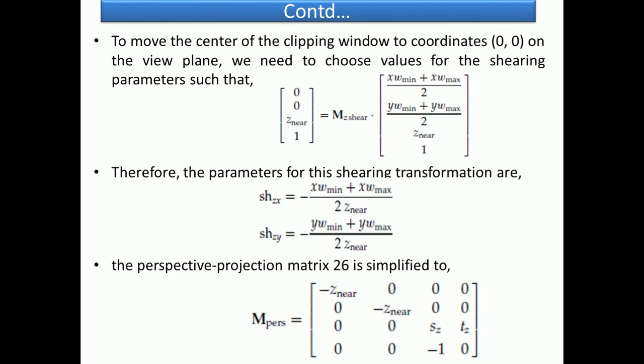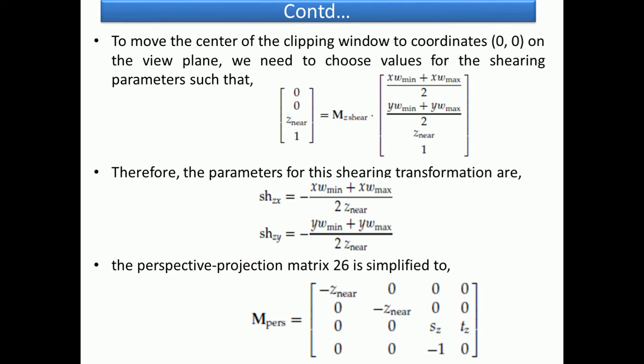And because we want to move the center of the clipping window to the coordinates 0, 0 on the view plane, we need to choose the values for the shearing parameters such that (0, 0, znear, 1) equals Mzshear times ((xwmin plus xwmax)/2, (ywmin plus ywmax)/2, znear, 1).